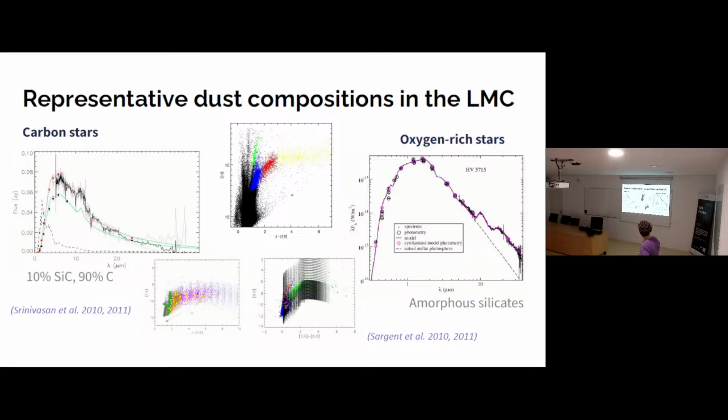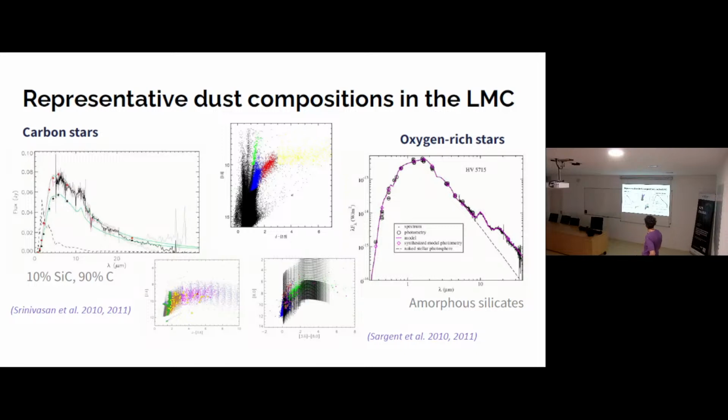Here is a color magnitude diagram from the original SAGE survey, where we identified the different populations. Carbon-rich stars are sitting here, and different types of oxygen-rich stars were identified using 2MASS photometry.